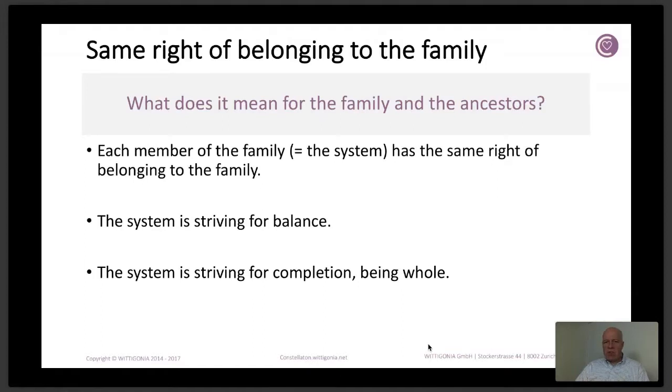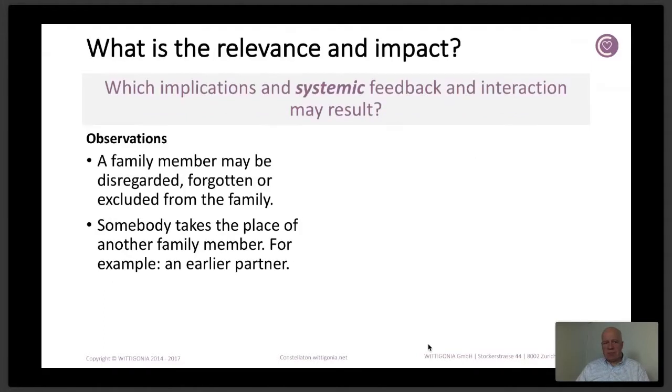And that's an important discovery that has been made in the past. For example, through the pioneer work in family constellations, like from Bert Hellinger in the early days, many years ago, and it's still an important topic today.